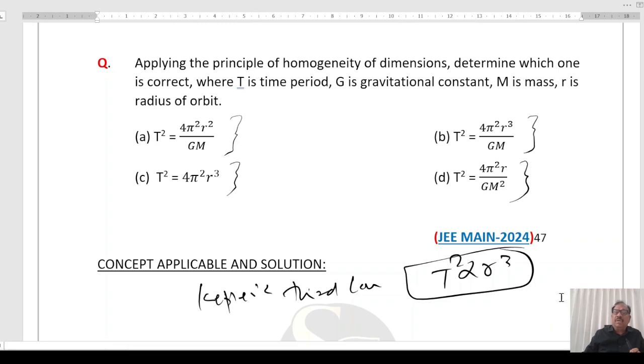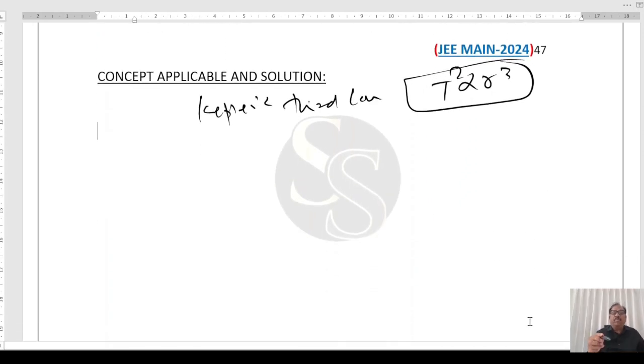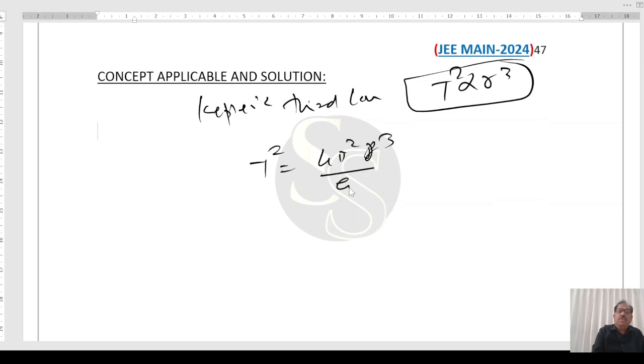Let us check the correctness. T square is proportional to 4 pi square R cube over GM. You know the universal law of gravitation, F equal to G m1 m2 over R square, right?